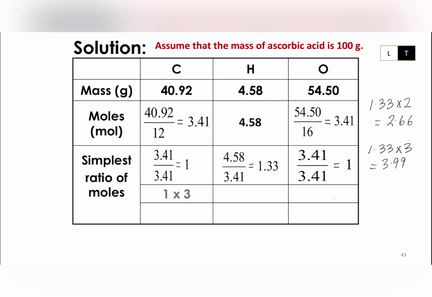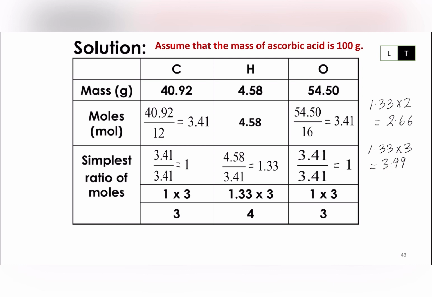So I'm going to multiply all of them by 3. And I will have the value 3 here, and here is 4, and here is 3. What you have to take a look at is that the difference should be plus or minus 0.01 between the whole number that you got and the value that you calculated by multiplying with the factor.